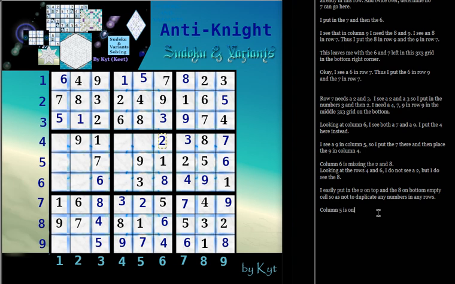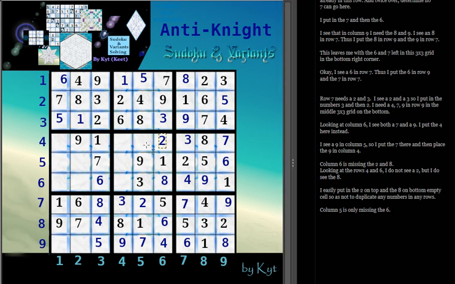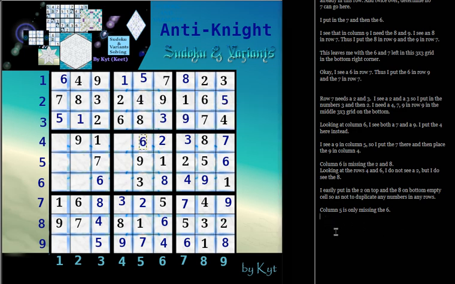Column 5 is only missing the 6. Column 4 is missing the 4, 5, and 7.